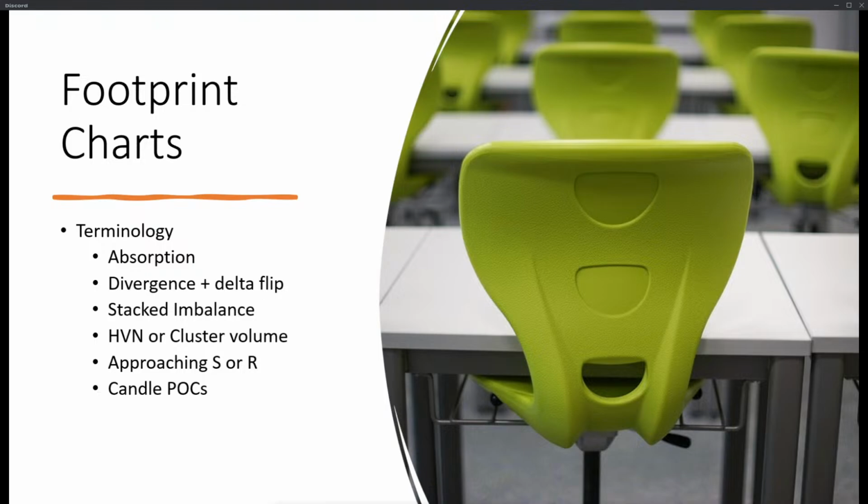So dependent how you look at it, I consider high volume nodes if it doesn't have to be 3 stacked or 2 stacked POCs, but if there's a cluster of volume in the area, that's a high volume node. Is it better when the POCs are lined up? Yeah, has a higher chance that it's going to bounce there. Approaching support and resistance, that's not really a terminology, but a concept.